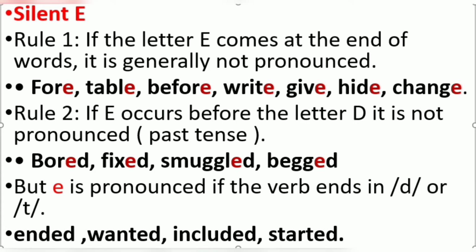That is, in the past form of some of the verbs. For example, bored, fixed, smuggled, begged. But E is pronounced if the verb ends in D or T. For example, ended, wanted, included, started.